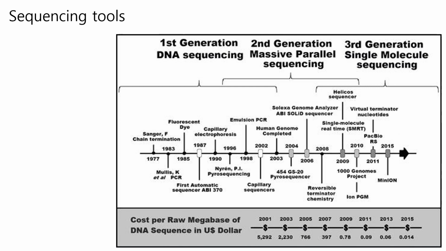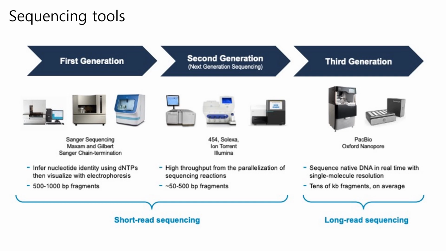Sequencing tools were also developed. Sanger sequencing, which is still used frequently, is a kind of first generation. And NGS, next generation sequencing, and now third generation sequencing methods are used.